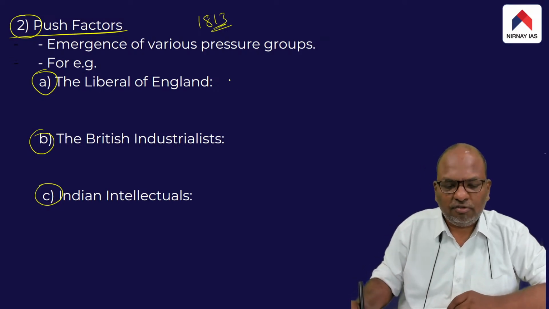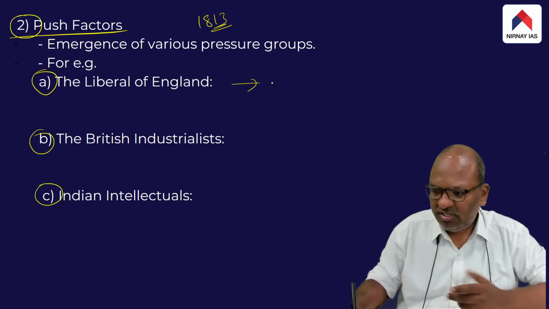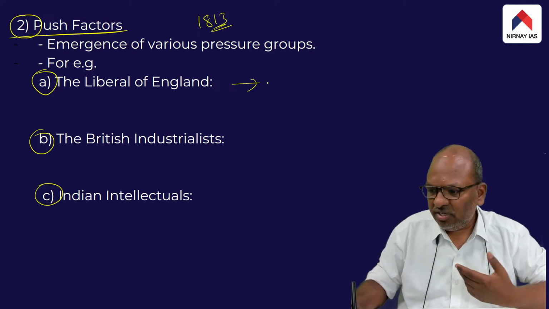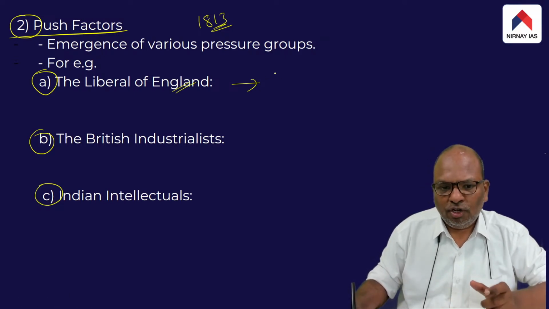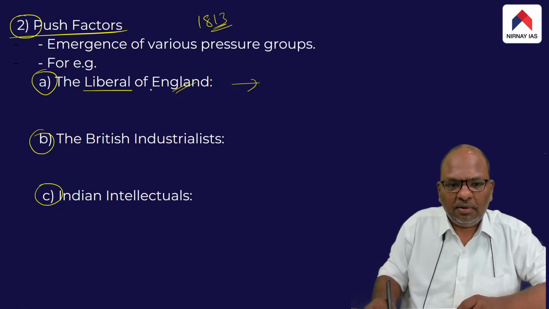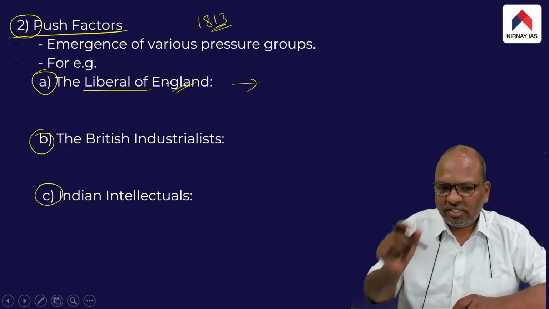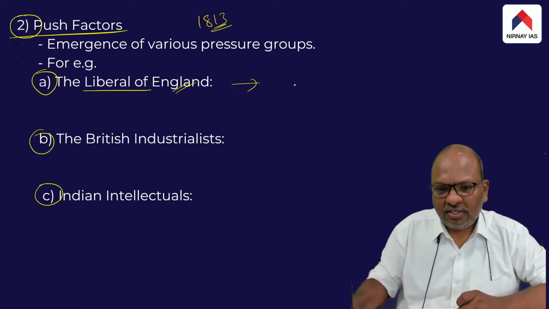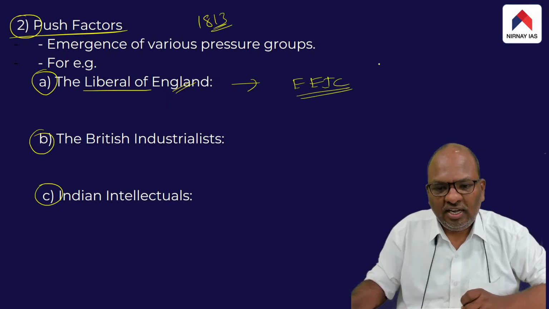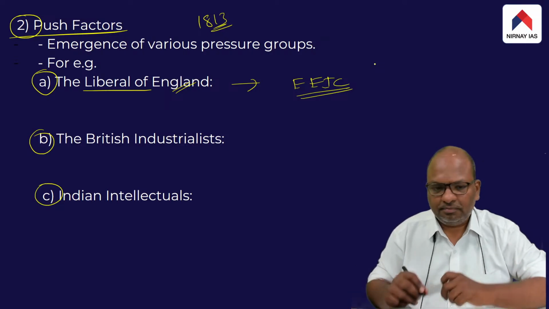One is the liberals of England. You must understand that Britain was a democracy, even in the early 19th century AD. And there was a group in England who began to be referred to as the liberals. So a section of politicians in England wanted the East India Company to spend money towards education in India.